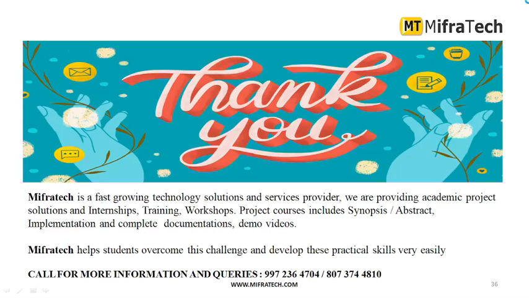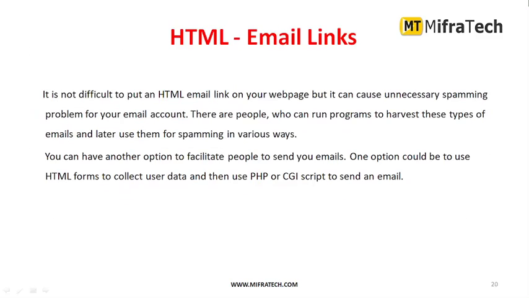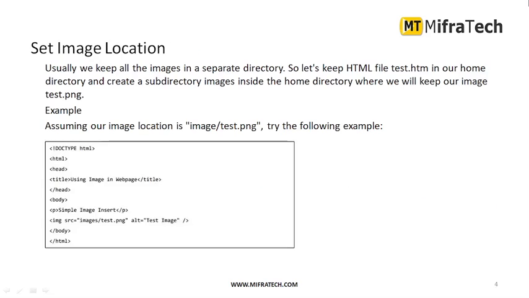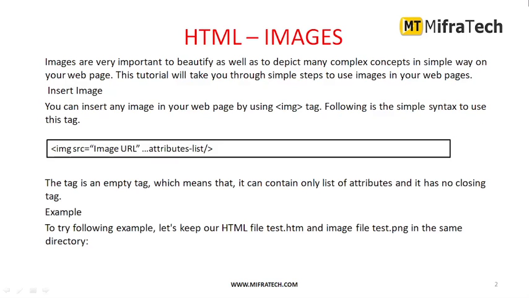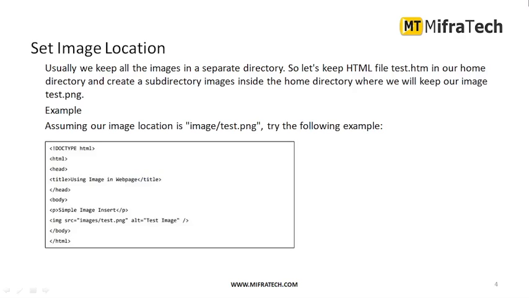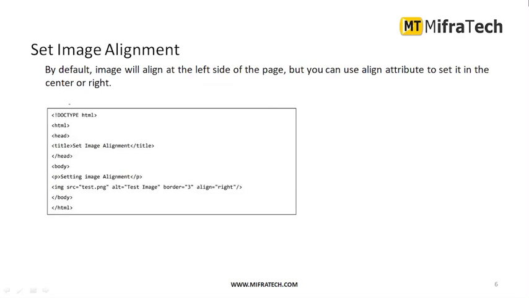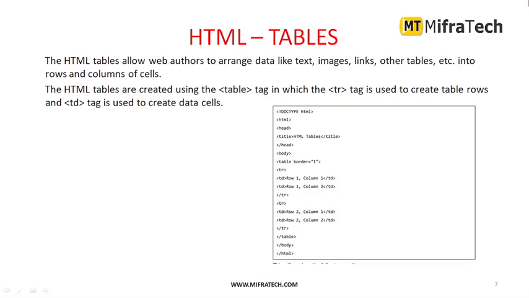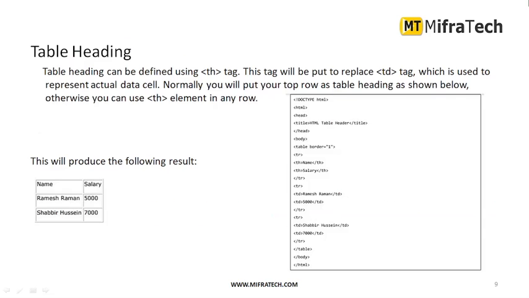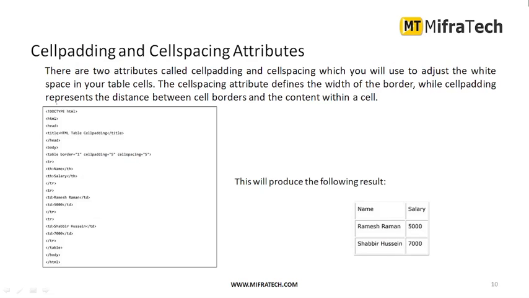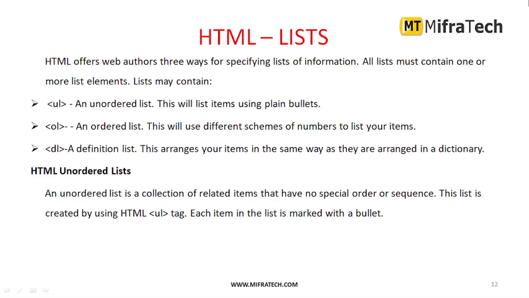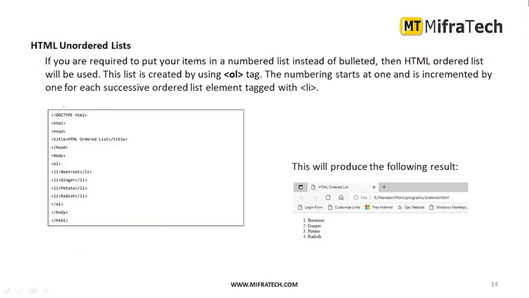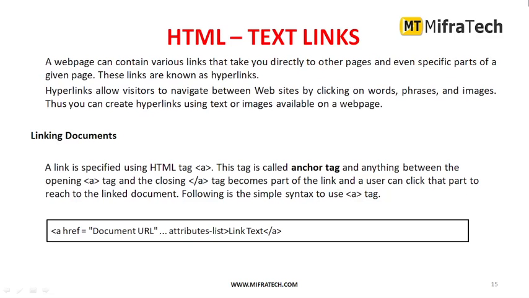Now let's see what we discussed in this section. We started with images, how images work, and setting an image location, image border, and image alignment. We have seen tables: how to create a table row, table data, table heading, cell padding, cell spacing, column span, and row span. Then we discussed lists. There are three types: ordered lists, unordered lists, and definition lists.